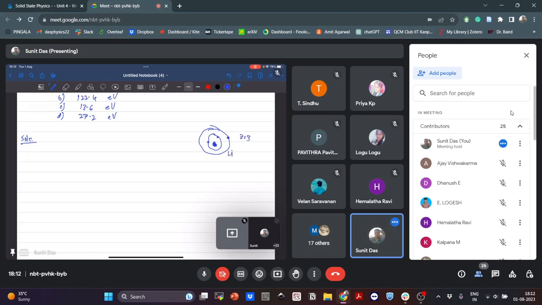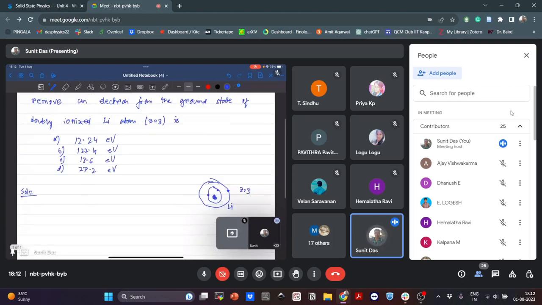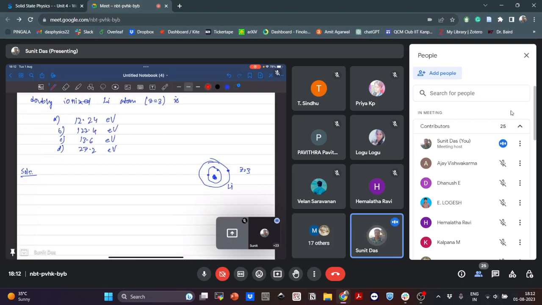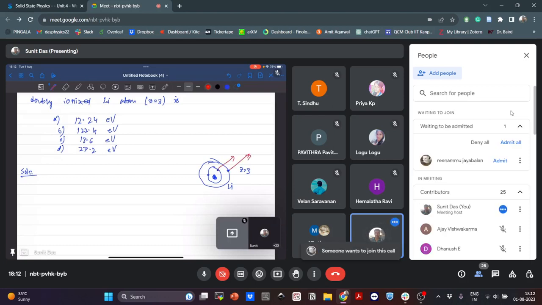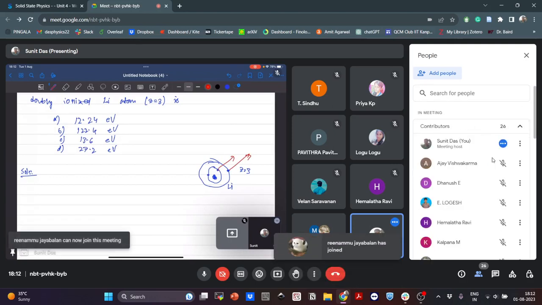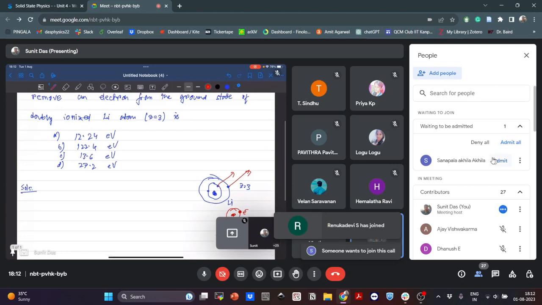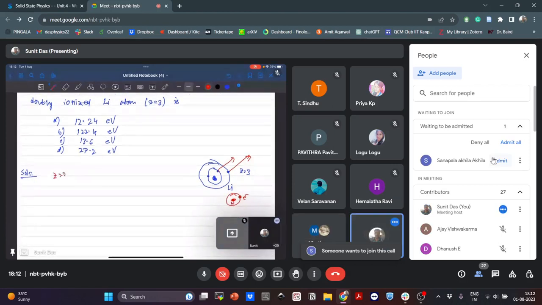Now, what the question says is that the lithium atom is doubly ionized. What this necessarily means is two electrons are pulled out of this atom. So then it essentially becomes like a hydrogen atom, one nucleus with one electron, right? But the point is here the Z is 3.